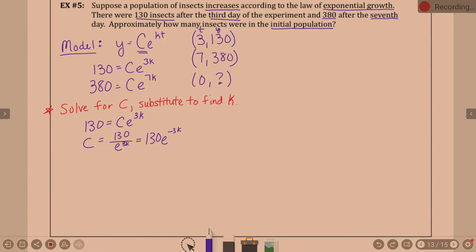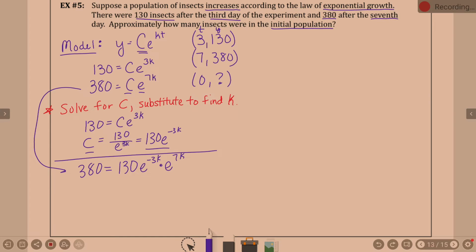Okay, so now we're going to use the other equation here. Now we're going to use the 380. 380 equals, what am I plugging in for C? 130 e to the negative 3k is going in for C, and then it's C times e to the 7k.